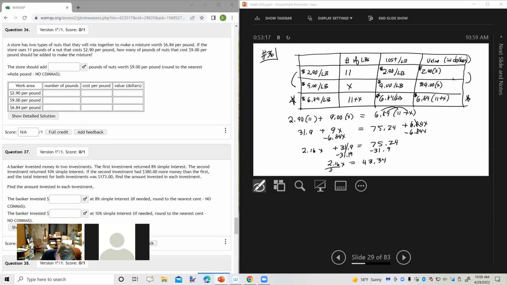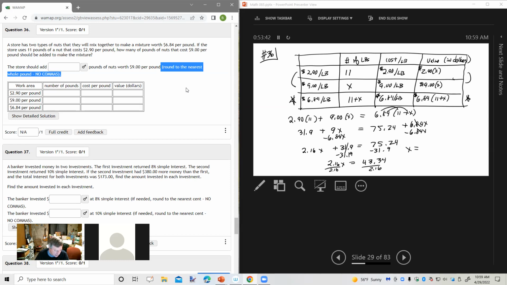So the next step, we're going to divide both sides by 2.16. 43.34 divided by 2.16 equals, oh dear, well, I got this big long number. Fortunately, the directions say round to the nearest whole pound.